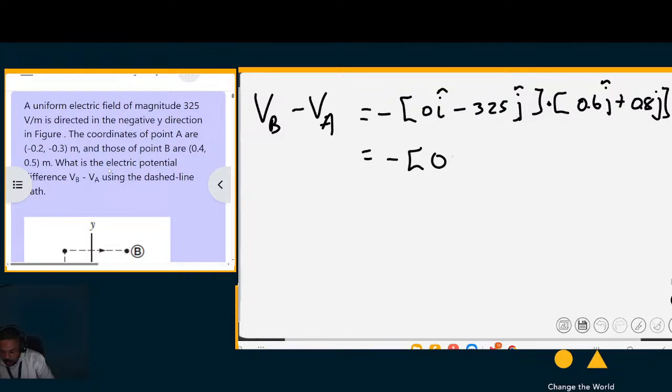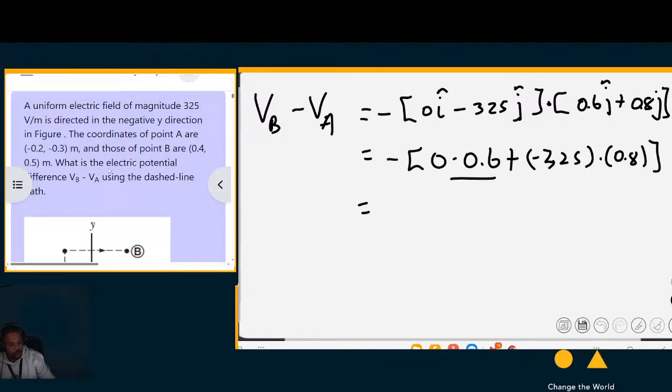Let me do it: 0 dotted with 0.6, so obviously that will be 0, plus we have negative 325 dotted with 0.8. The first term falls away to 0, so it's negative 325 times 0.8.